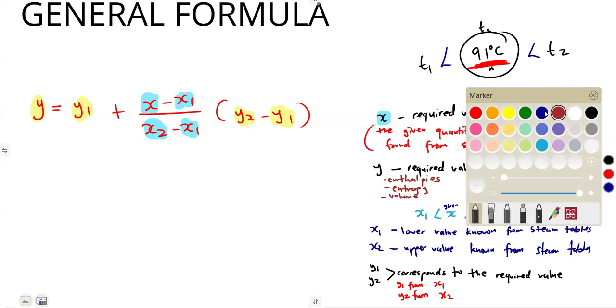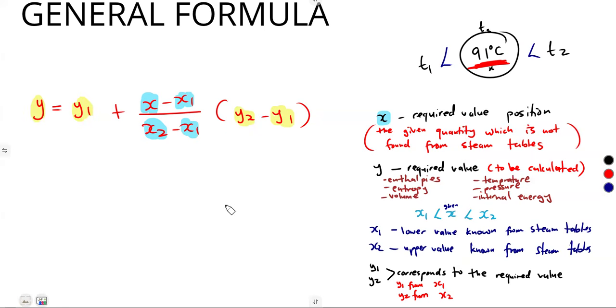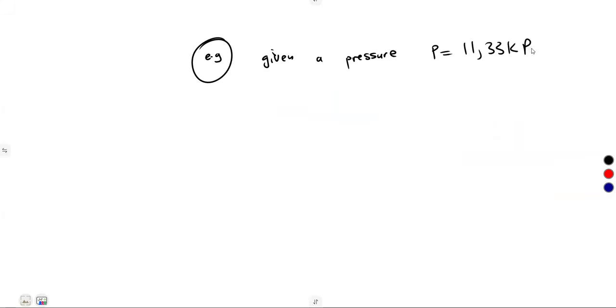So let's consider the same pressure that we had before. I'm not going to change. Let us just consider the same and apply this formula. For an example, you are given a pressure P, which is equal to 11.33 kilopascal.